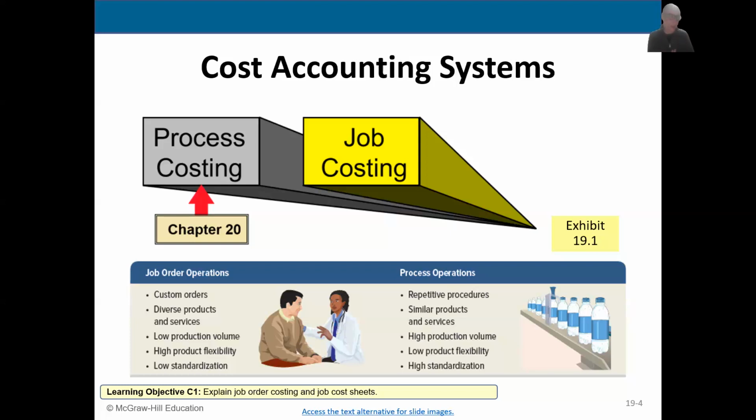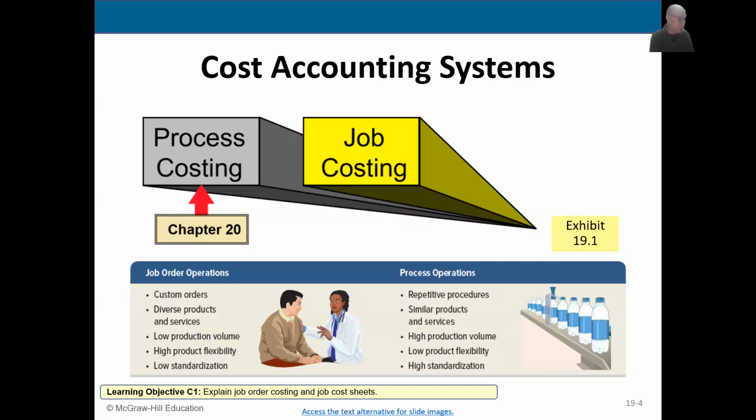Let's say the company is Coca-Cola. They make a lot of the same product: water, soda, a couple of other snacks and things like that. But the process to make the bottles of water is the exact same.